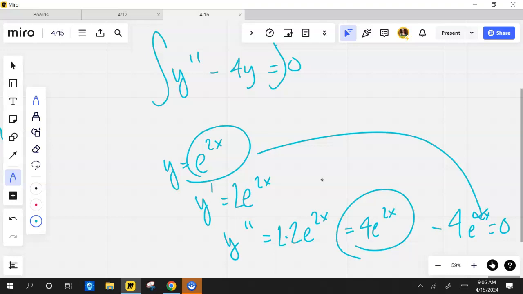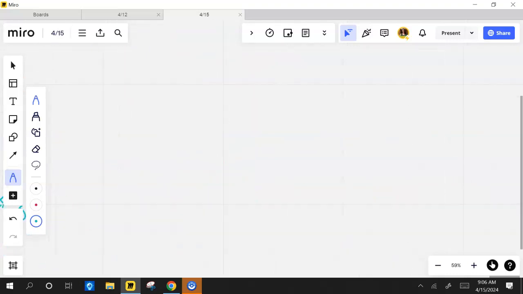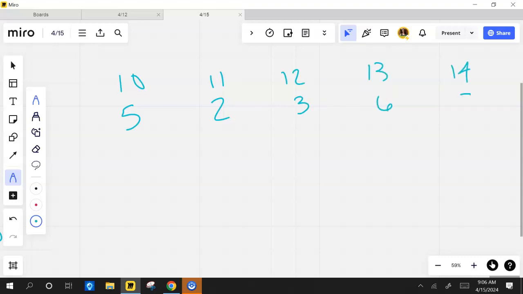Continuous function, 2 critical points in the open interval. Which of the following must be true? I chose D because, and I literally did this on my table, from 10 to 11, let me just write them all, from 13, 6, and 14, 5.